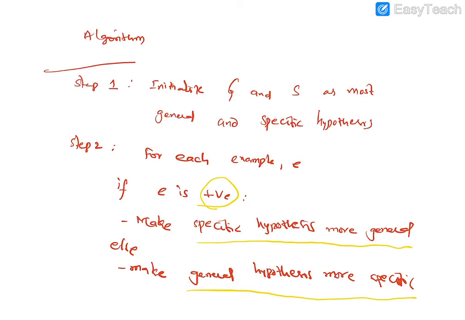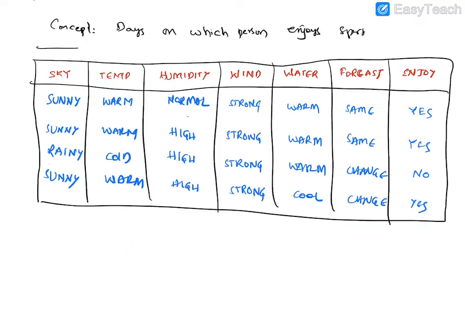And the algorithm is, the first step is initializing the G and S, and whenever we deal with positive and negative examples, what changes are we going to observe? That is specific to general and general to specific. And next, the example: here we are going to consider 4 records on which the person is going to enjoy the play.